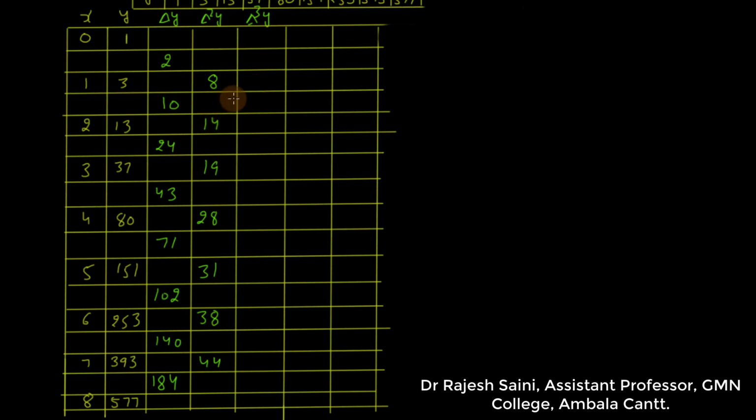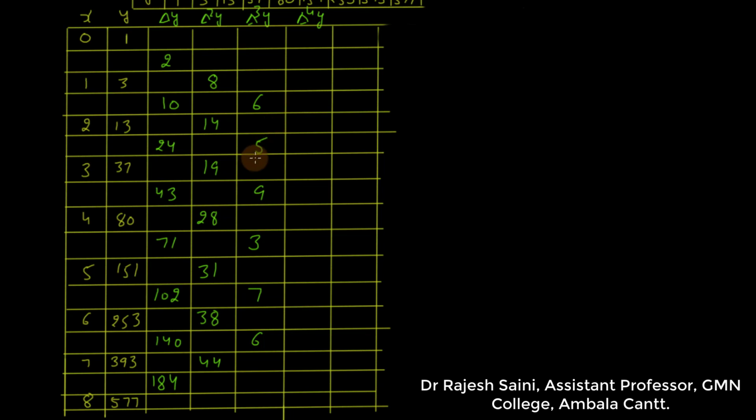Okay, fine. 14 minus 8, 6; 19 minus 14, 5; 28 minus 19, 9; 31 minus 28, 3; 38 minus 31, 7; 44 minus 38, 6. Now again the sum is not equal to 0 or minimum, because this sum is again very large, a considerable sum. So we have no option but to move to the fourth order difference column.